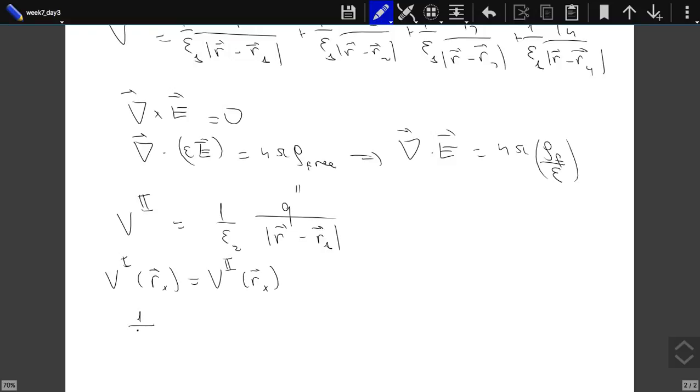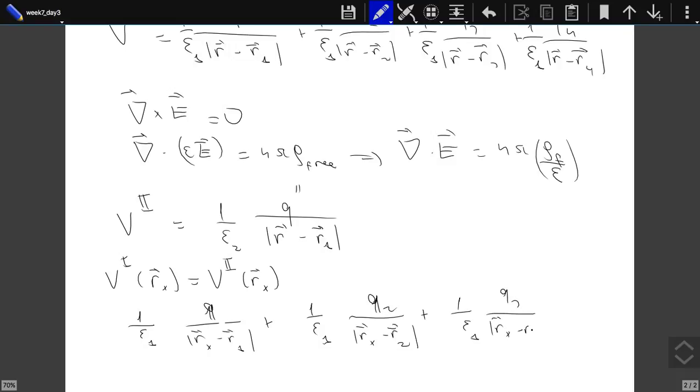What I need to have is 1 over epsilon 1, Q1 over Rx minus R1, plus 1 over epsilon 1, Q2 over Rx minus R2, plus 1 over epsilon 1, Q3 over Rx minus R3, plus 1 over epsilon 1, Q4 over Rx minus R4.